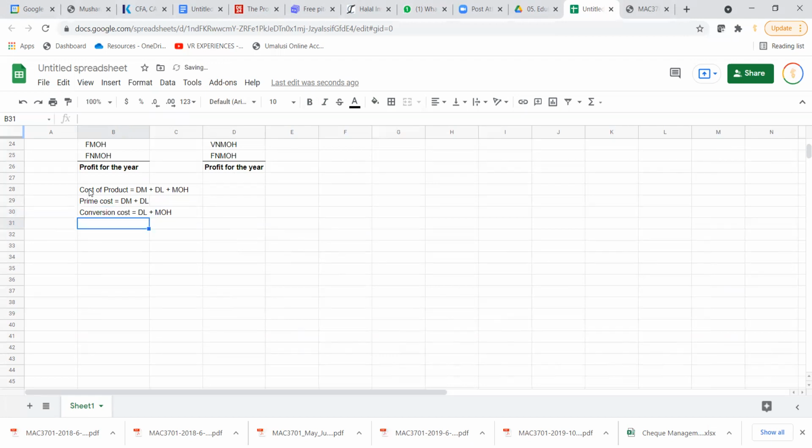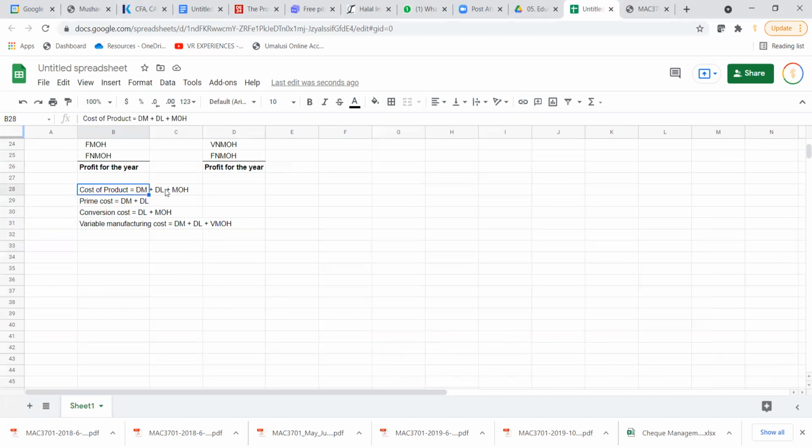Lastly, you must know what variable manufacturing costs are. Variable manufacturing costs are going to be direct material plus direct labor plus variable manufacturing overheads. So it's important just to know this because it will play a role in how information is presented. Remember, cost of a product or manufacturing cost is the same thing.